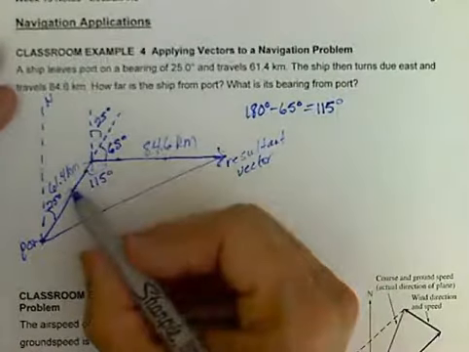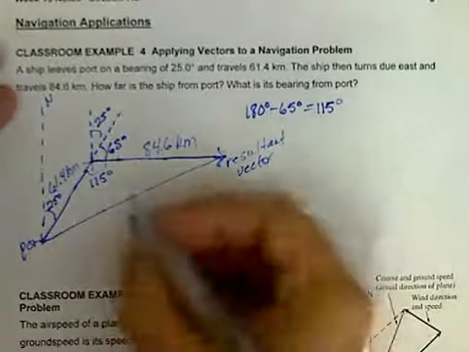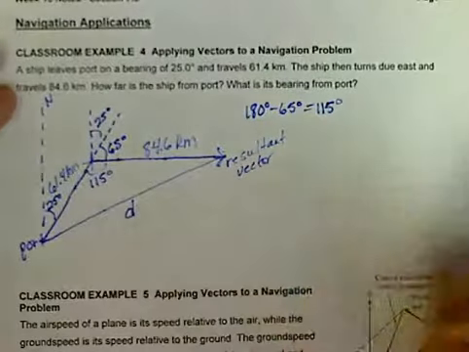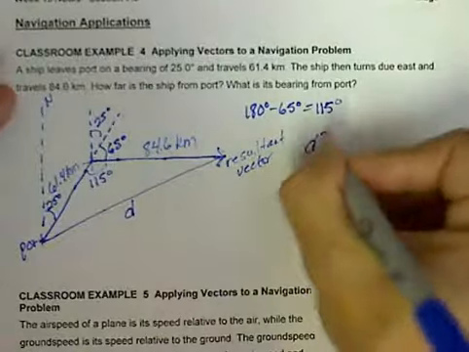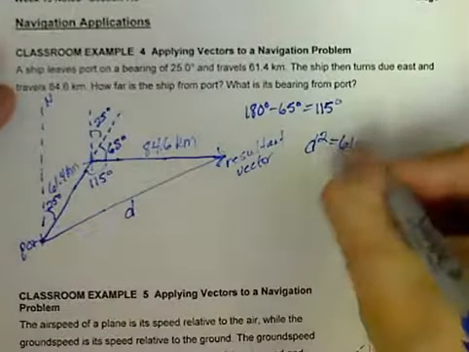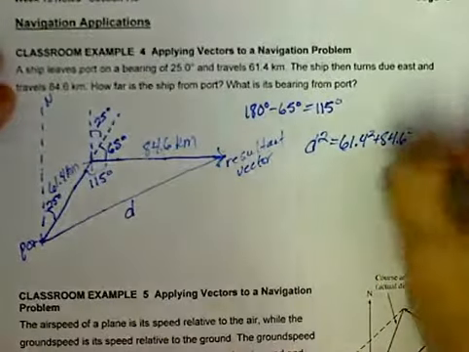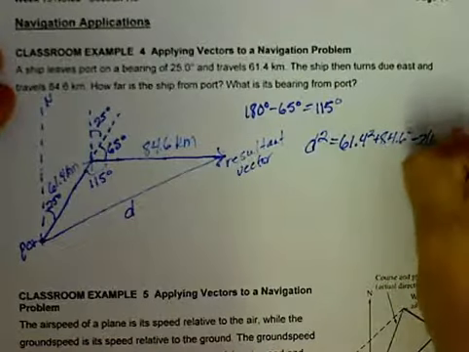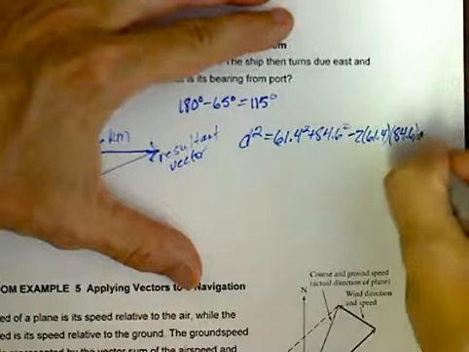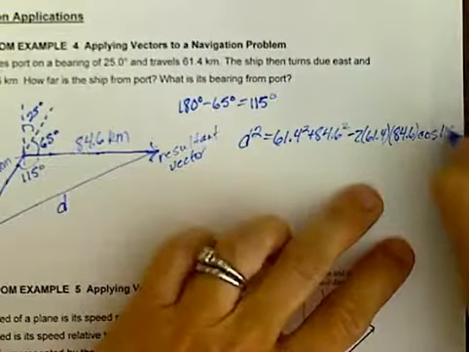Now we've got the two sides and the angle in between them. We're trying to find this side, so we could use the law of cosines. I'm going to call this side D. So D squared would be 61.4 squared plus 84.6 squared minus 2 times 61.4 times 84.6 times the cosine of 115 degrees.